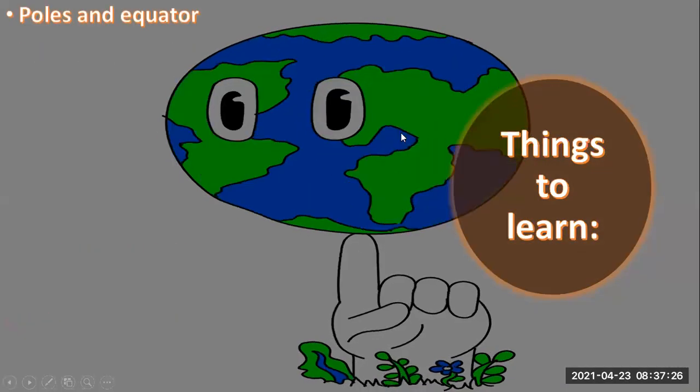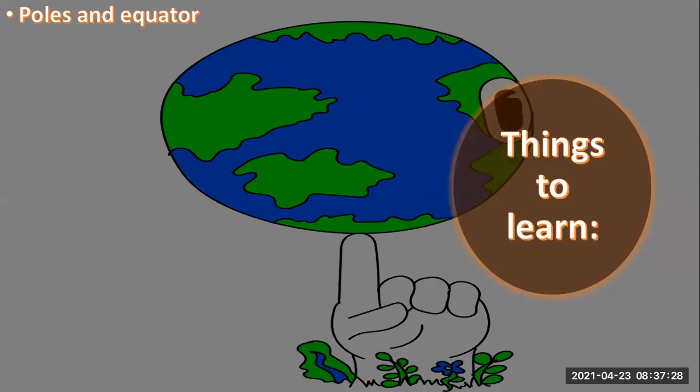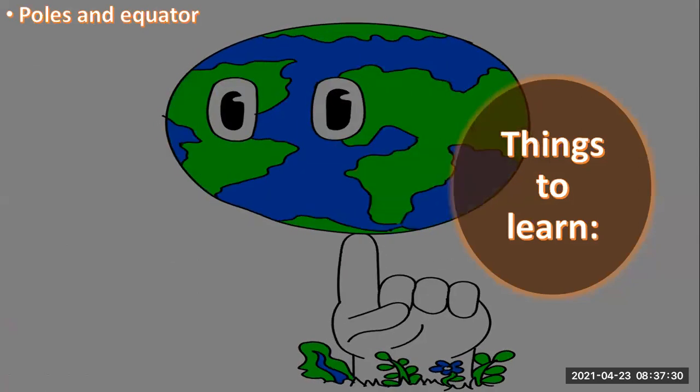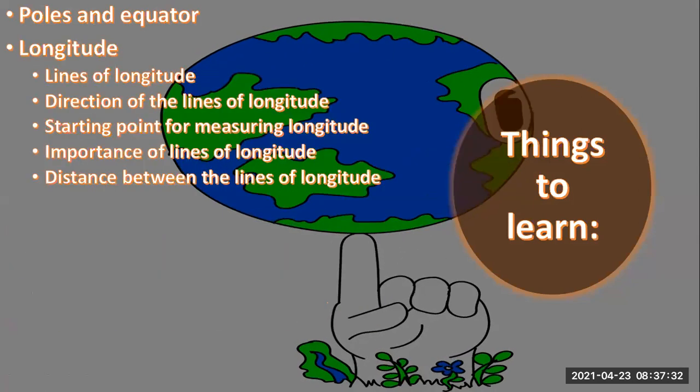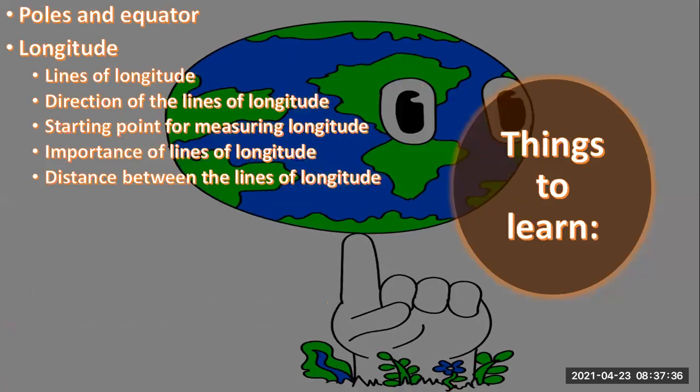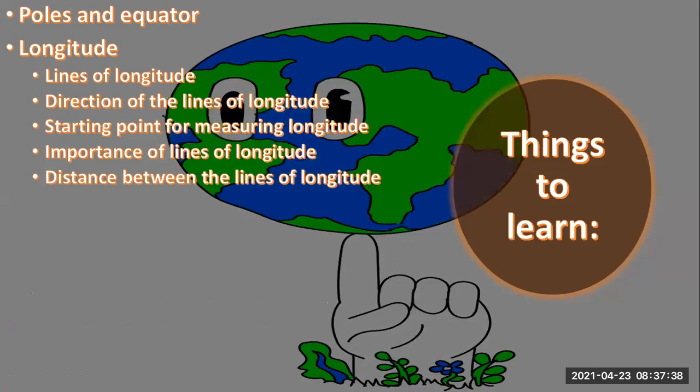Here comes the content of this chapter, the things which we are going to learn in this chapter. That includes poles and equator. Then we'll learn about the longitude: lines of longitude, direction, their starting point, importance, and distance between the lines.